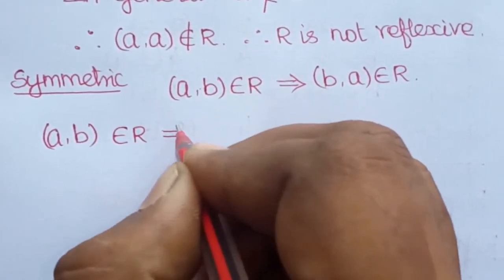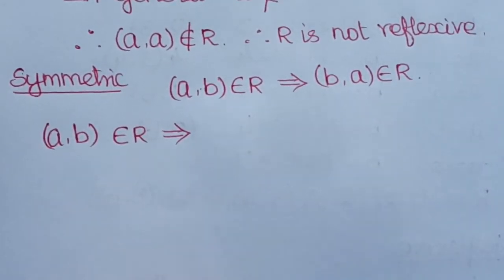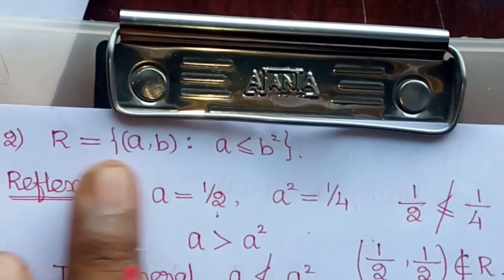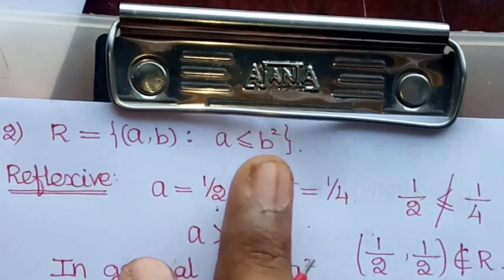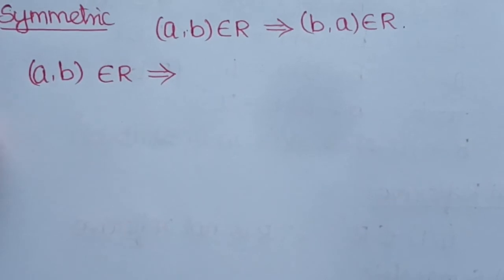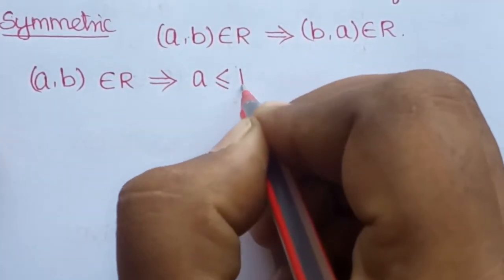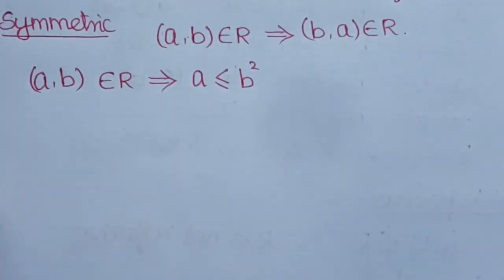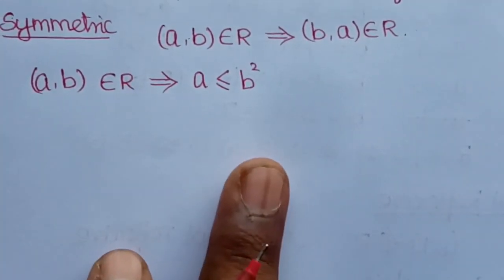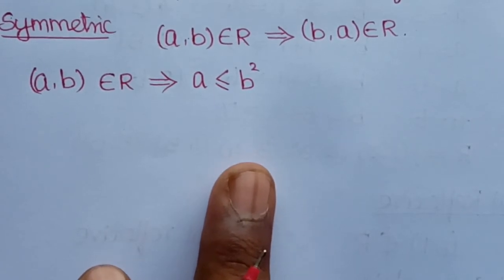So that means you get the relation. Our relation is defined as: when (A, B) belongs to R, it satisfies the condition A less than or equal to B square. From this we cannot conclude B less than or equal to A square.